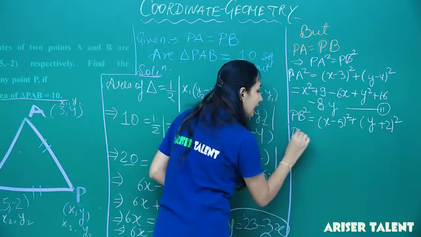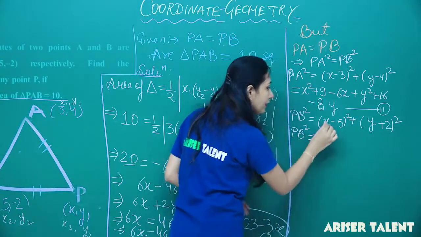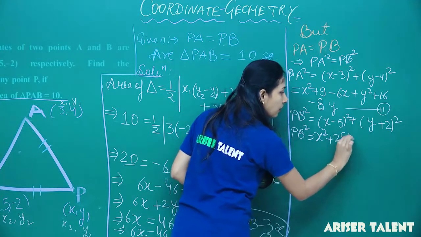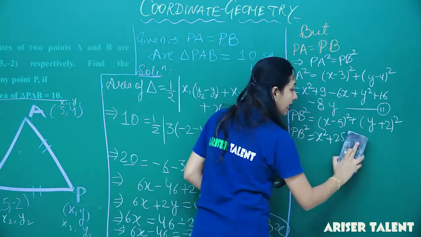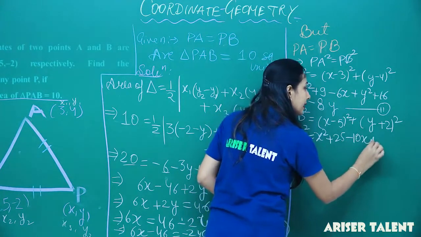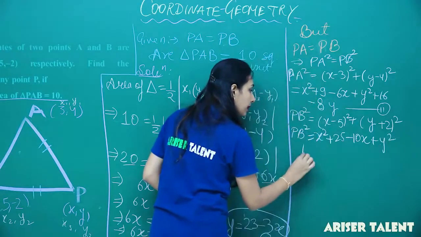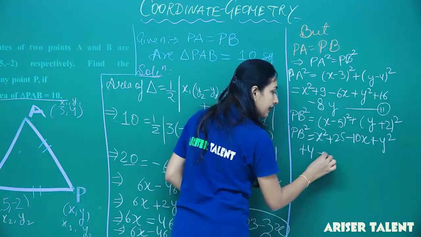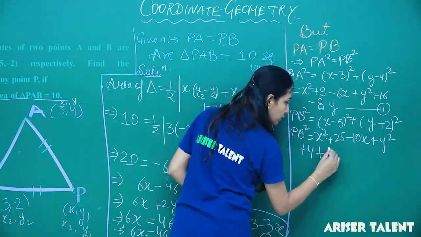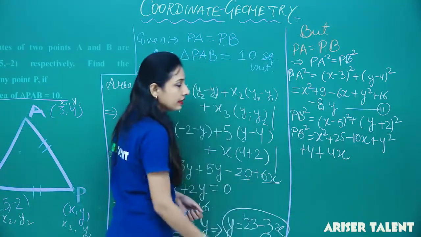If I open this, that will become x square plus y square minus 10x. Similarly here x square plus y square plus 4x. This is equation 3.